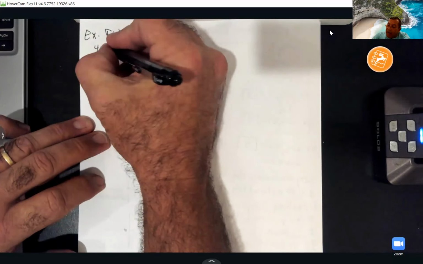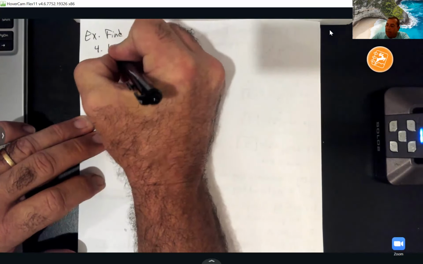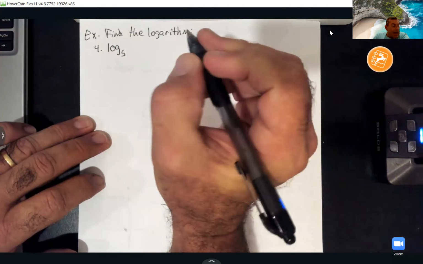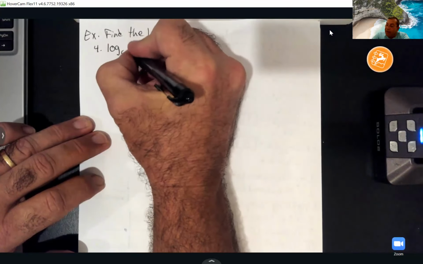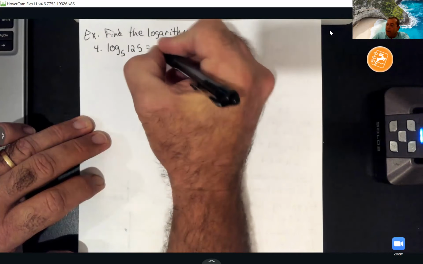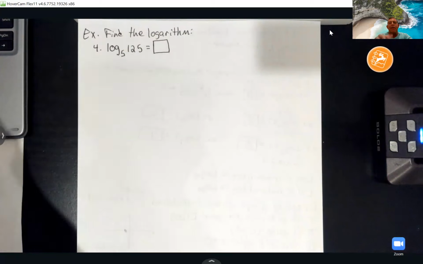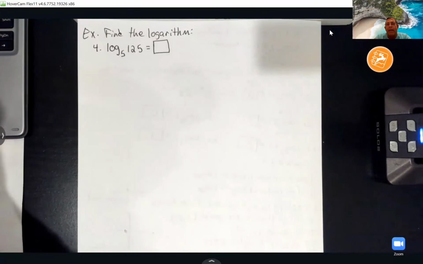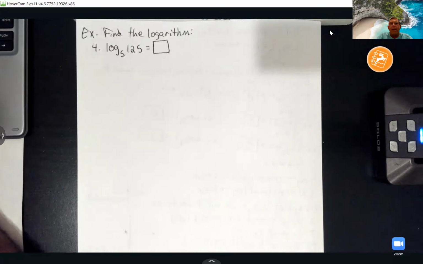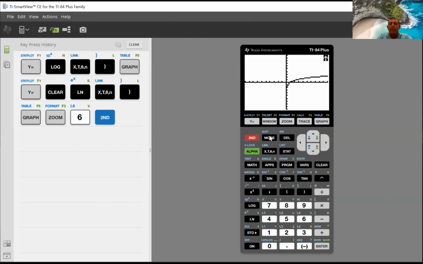So they want me to find log base 5 of 125. Now remember, we can multiply that out, but we also have a calculator that can help us. So y'all watch what I'm going to do. I'm going to share my calculator, and I can put this logarithm in exactly like it looks. I'm going to quit this and go to my main screen.